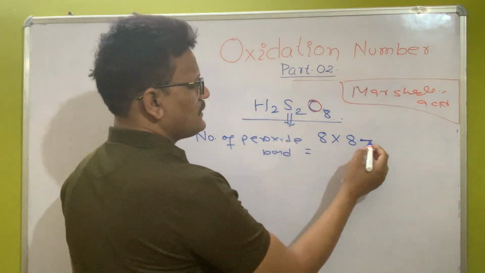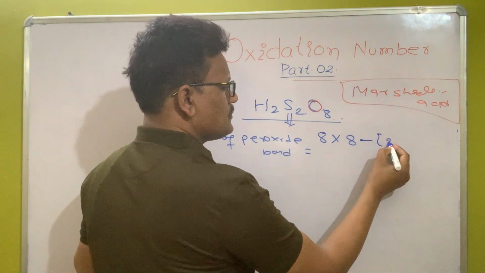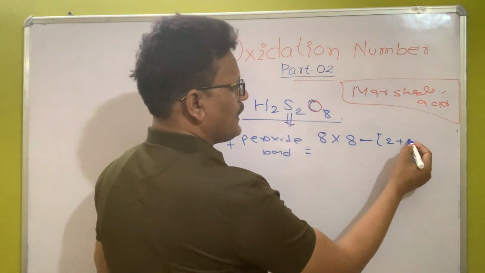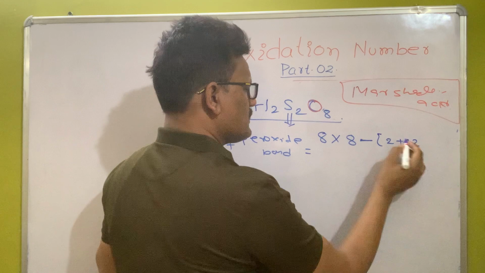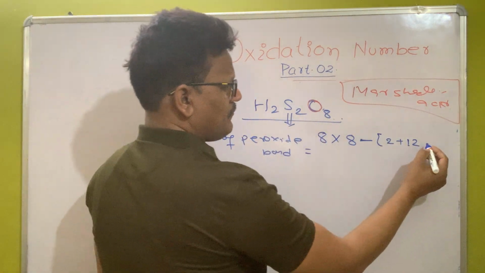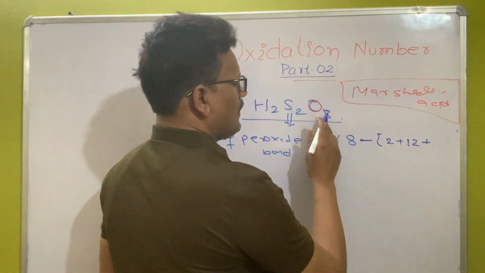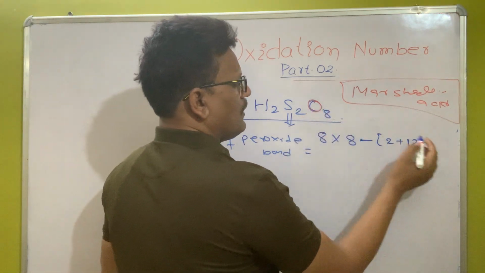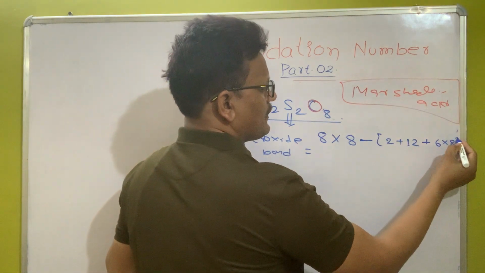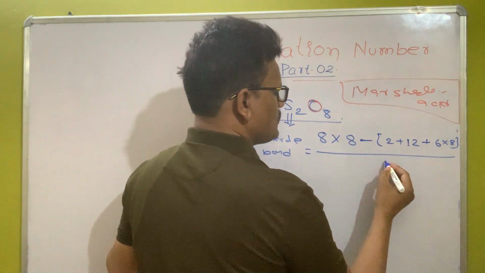So for H2, because we have 2 hydrogen atom, for sulfur we have 12 because each sulfur atom contains 6 valence electron, plus we have 6 into 8 divided by 2.